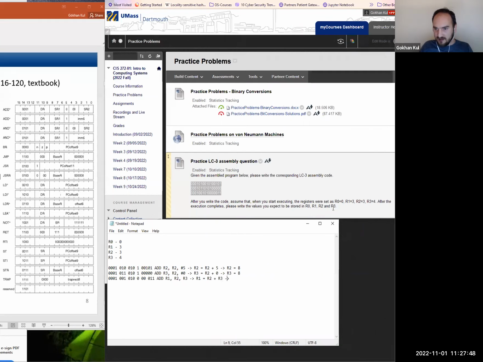R2 and R3, both of them are 8. So R1 is going to be updated as 16. So eventually, my answer is going to be: R0 is going to stay as 0 because I didn't change anything with it. R1 is going to be 16. R2 is going to be 8, and R3 is going to be 8.